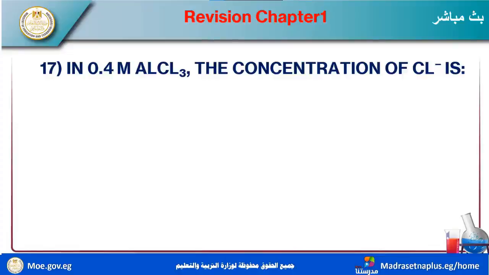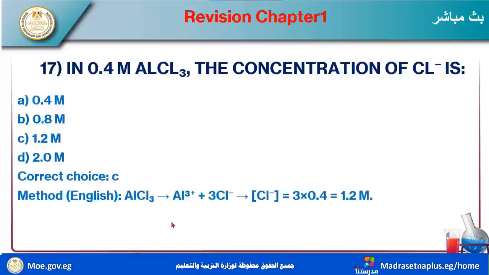In this problem, in 0.4 molar AlCl3, the concentration of chloride ion is, okay, we must use the AlCl3 dissociation process. We have Al plus 3 plus 3Cl negative 1.